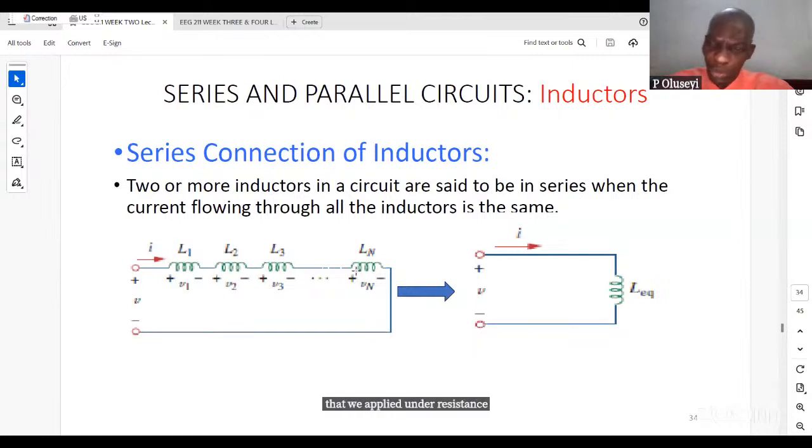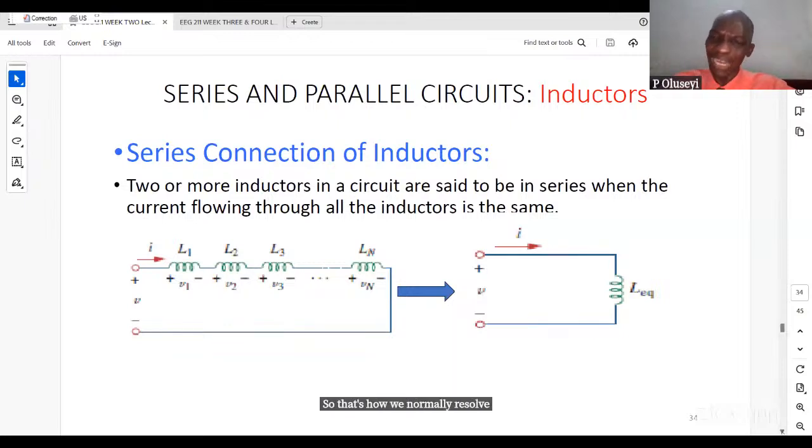Once there is no decision to be made, then those components are in series. And you can see the way I resolve it. When you have inductors in series, at the end of the day you have L equivalent, and you have your voltage across it. So that's how we normally resolve it.